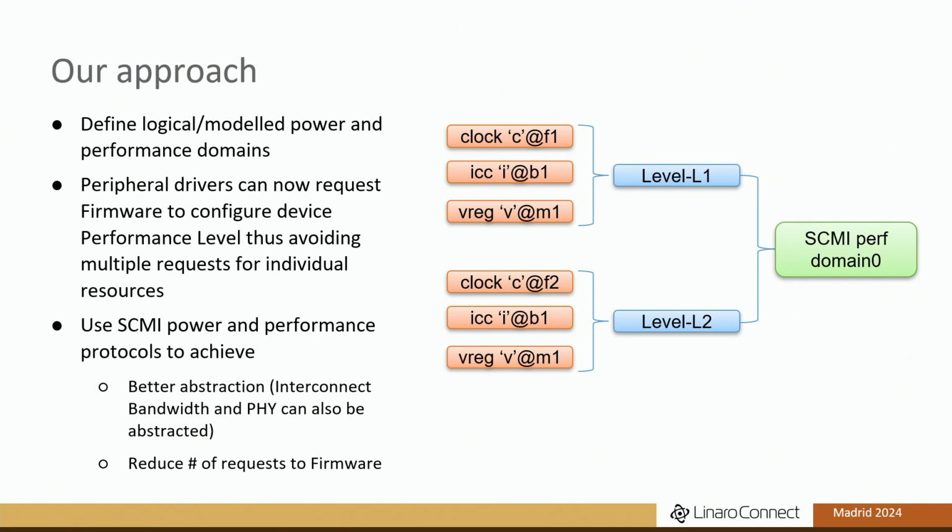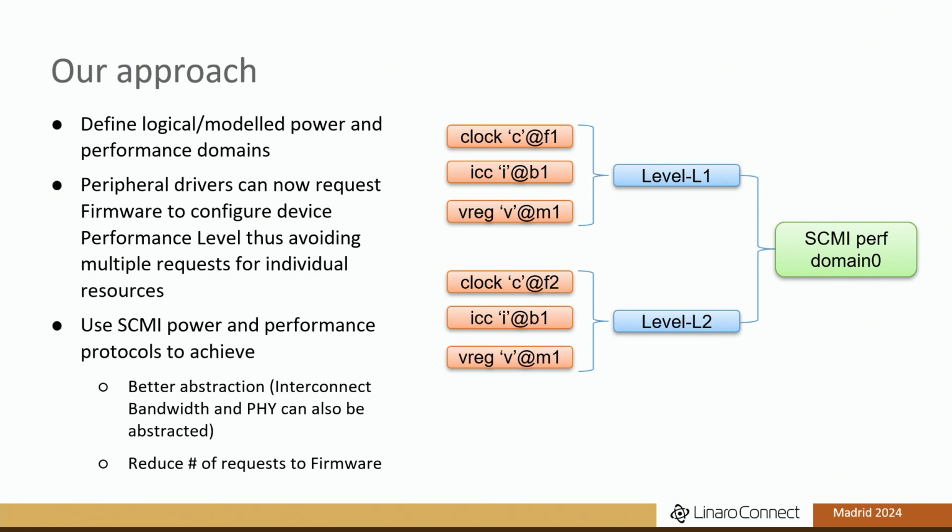Now we create the SCMI perf domain with these two levels L1 and L2, and the driver can then request the firmware to put the device in whatever configuration it needs to be. Like L1, then it would just send the request to firmware over the performance protocol to set the device in level L1. Now what level L1 means, firmware already knows and will do the resource voting accordingly.